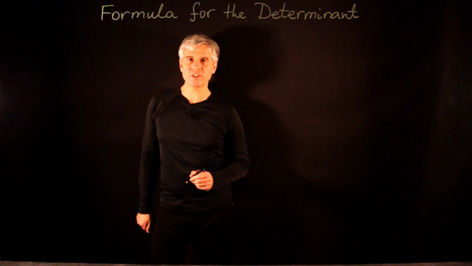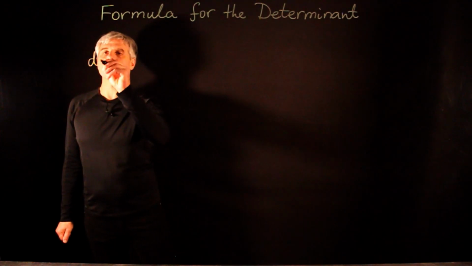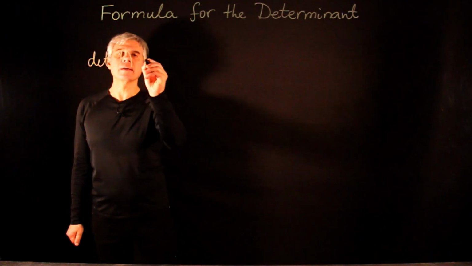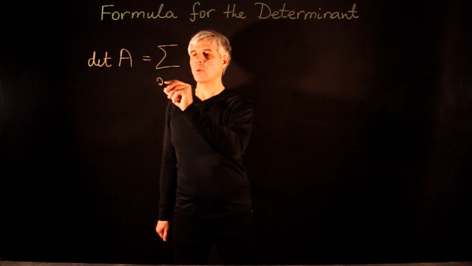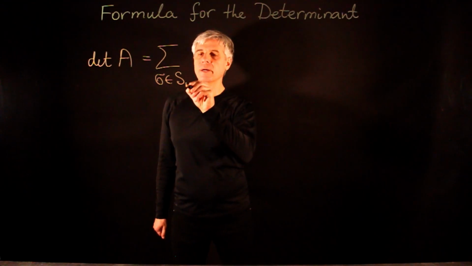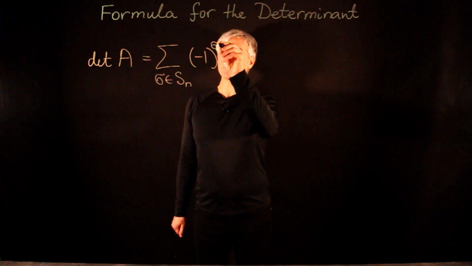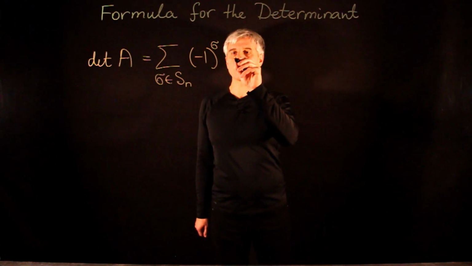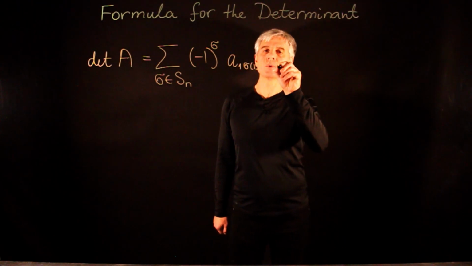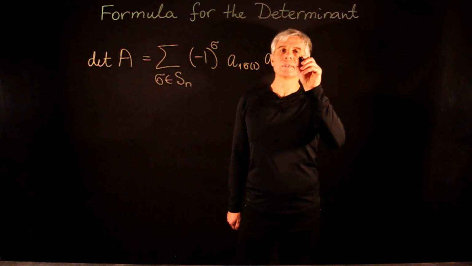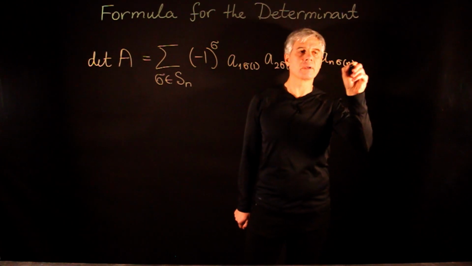The goal of today's lecture is to establish the following formula for the determinant of a matrix. The determinant of a matrix A is equal to the sum over all permutations sigma from the symmetric group Sn, of the parity of a permutation sigma times the following product: A1 sigma of 1, A2 sigma of 2, times ... times An sigma of n.